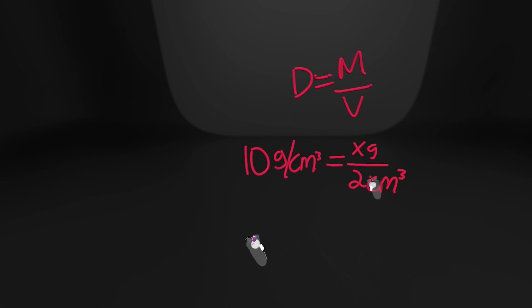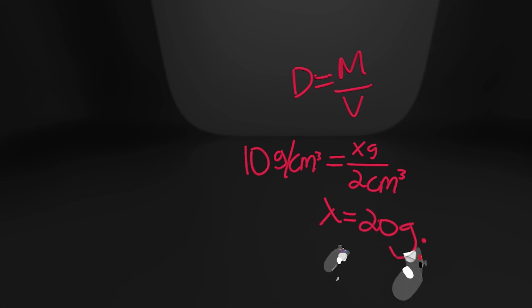Now the way you're going to find this is simply multiply the denominator and the 10, which is going to be 20. So the answer is x equals 20 grams.